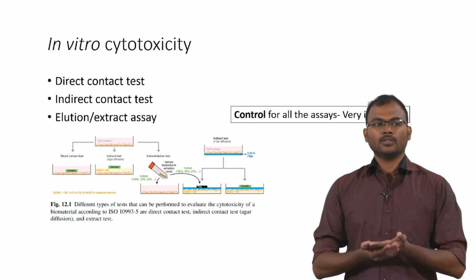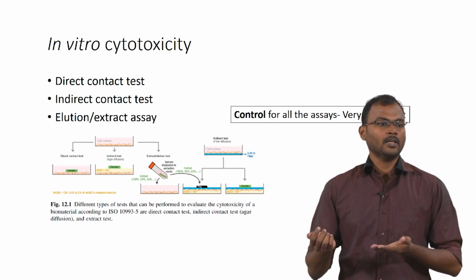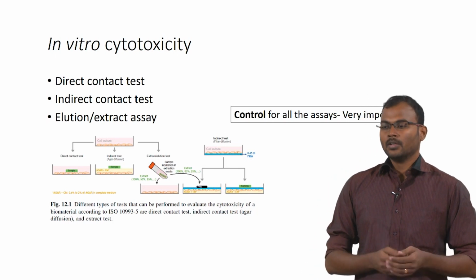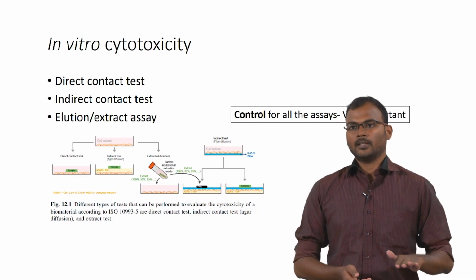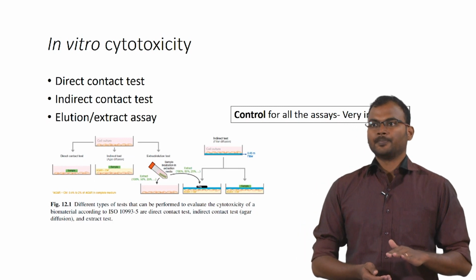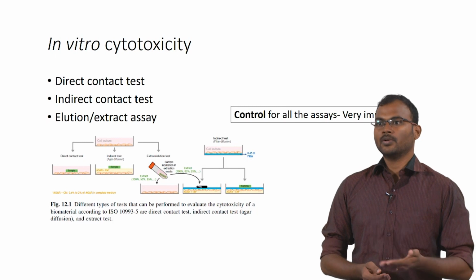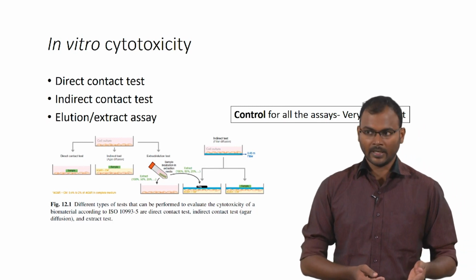So, you have the cells and the extracted media, and you can test whether that leachate has any effect. All these things are based on the sample size and how effective the leachate coming out of the sample is. If there is no leachate coming out of the sample, it will not have any effect.